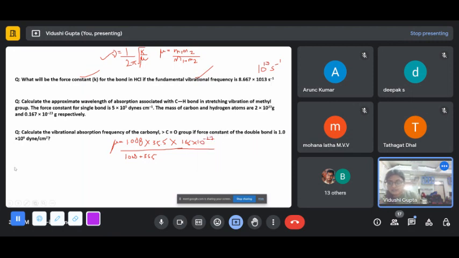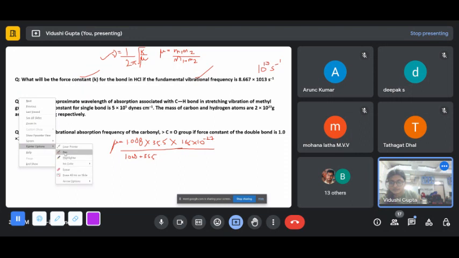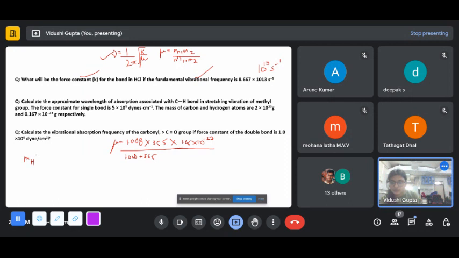Like here, for hydrogen, it's 1.0078 to be precise, but you can write it as 1.008. So we will multiply it by 1.66 into 10 minus 24 grams.